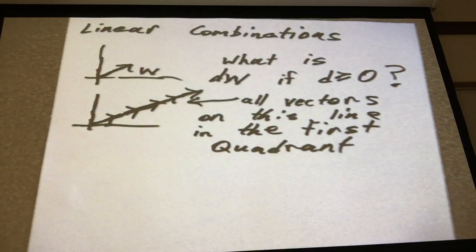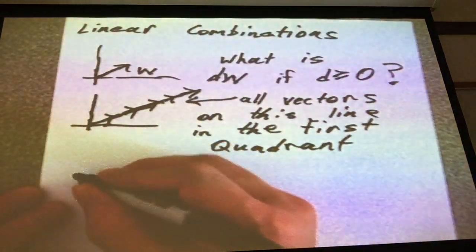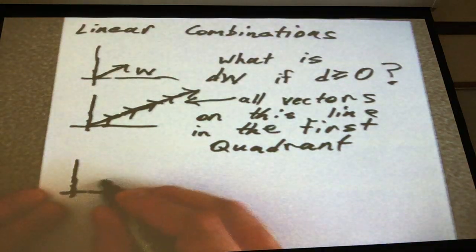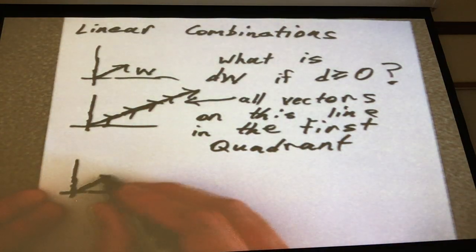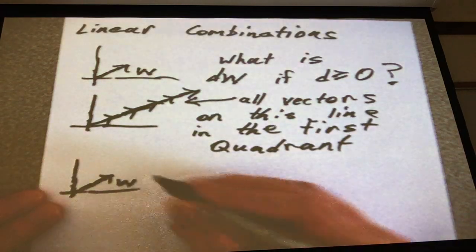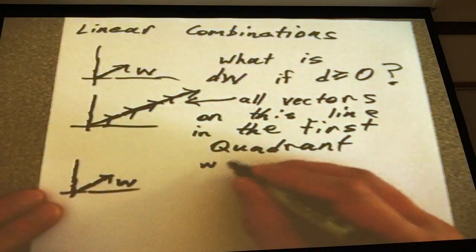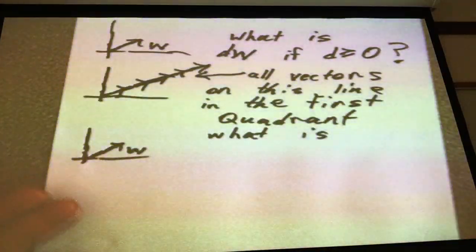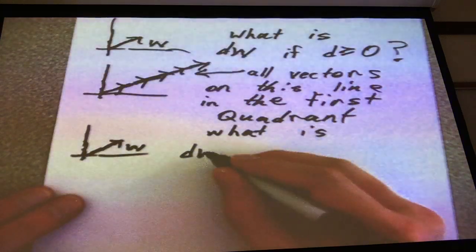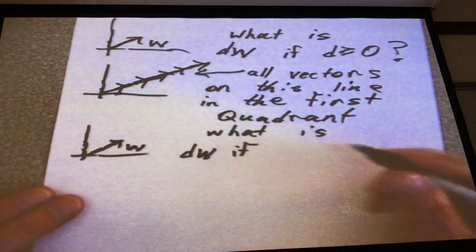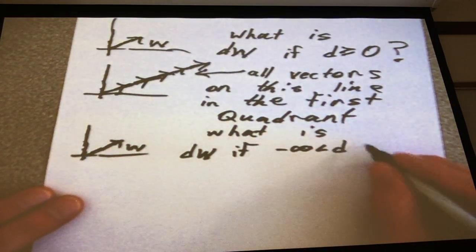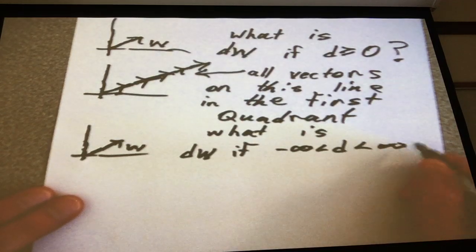Okay, what if we decided we wanted the spanning set to be even bigger? So let's say, yeah, we'll do W. That's infinity.